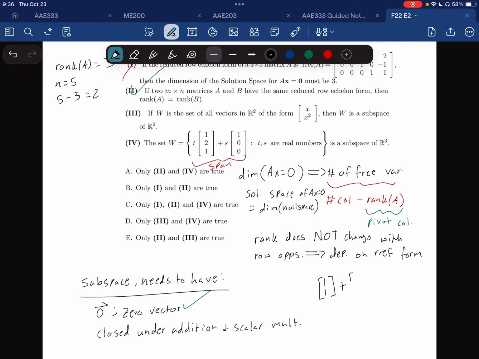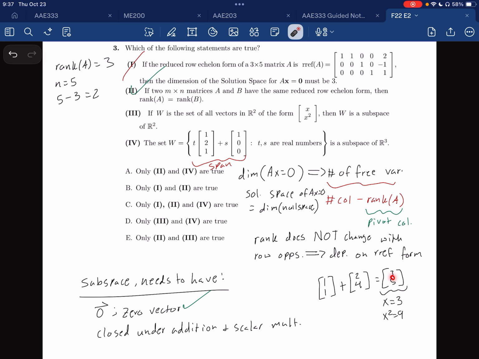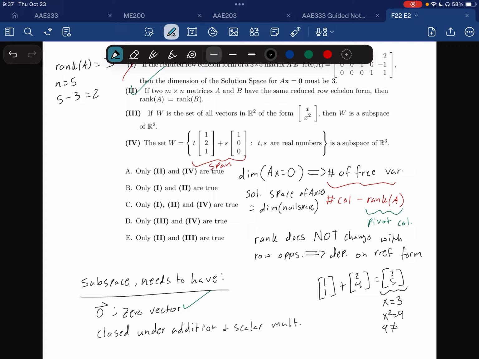Let's say x equals 2, so my vector is (2, 4). When we add these two vectors together, we get (3, 5), which means our new x value is equal to 3. But if x is equal to 3, then x squared should be equal to 9, and x squared corresponds to our second value. 9 is not equal to 5. This is what I mean by it's not closed under addition. The x squared relationship no longer holds true when I add two vectors of that sort together. So 3 is false.